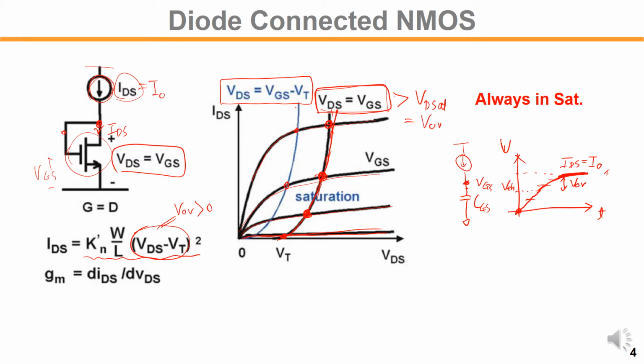So we can guarantee that the operation is always in saturation as long as IDS is non-zero, I mean greater than 0, right? The existence of current on the drain guarantees that this device is in saturation.